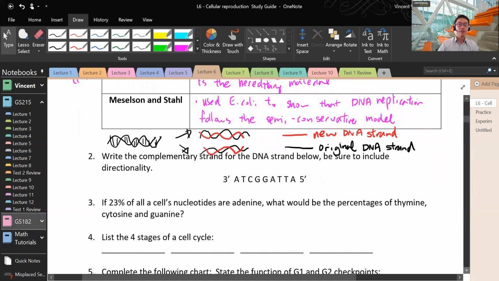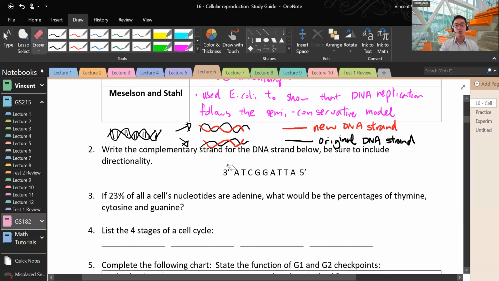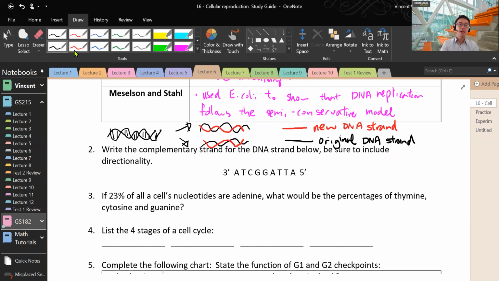Next, we have: write the complementary strand for the DNA strand below. Be sure to include directionality. Here we have a strand that goes from 3' to 5'. The 3 and the 5 is just a way to indicate the orientation, the direction of the strand.